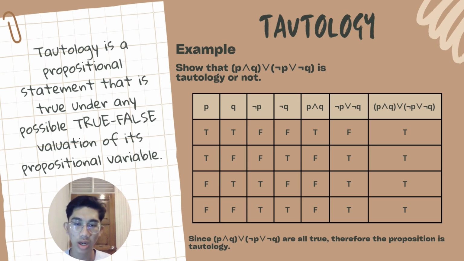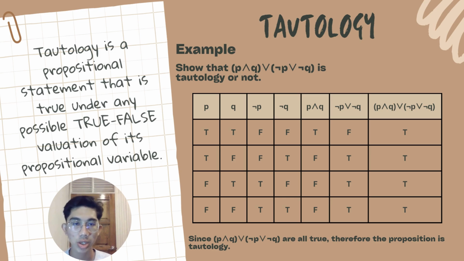So we use the formula 2 to the power of 2 and get 4. So we have 4 rows, right? So for P, we write true, true, false, false, and Q, true, false, true, false. Negation P is the opposite of P, we get false, false, true, true. Negation Q, same, false, true, false, true.